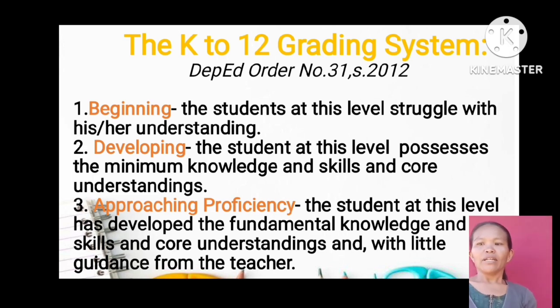Developing: the student at this level possesses the minimum knowledge and skill and core understanding. In the beginning they will struggle at first, but after a long time, they will learn.